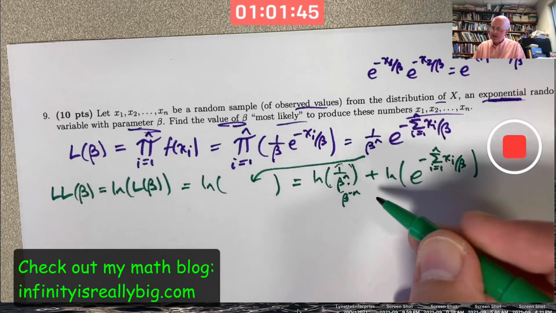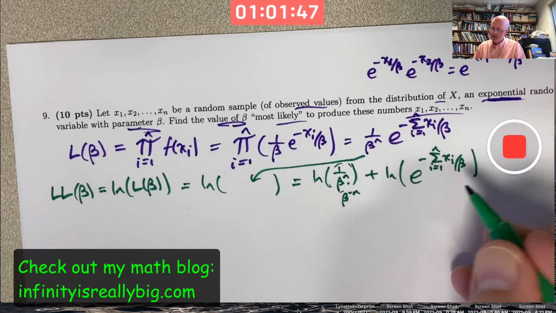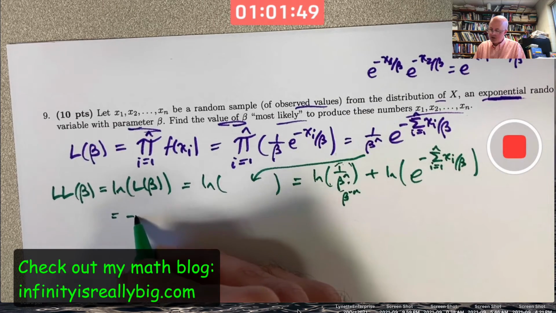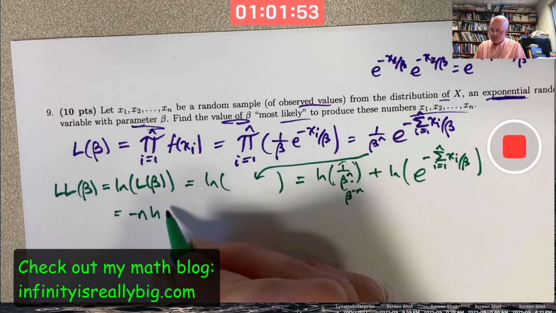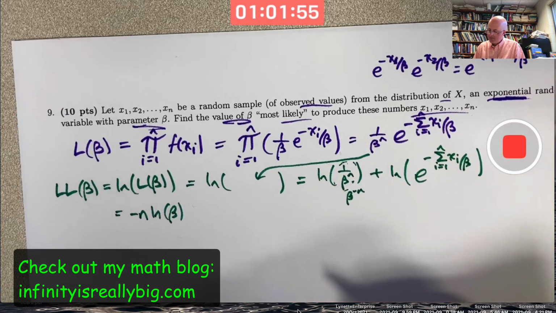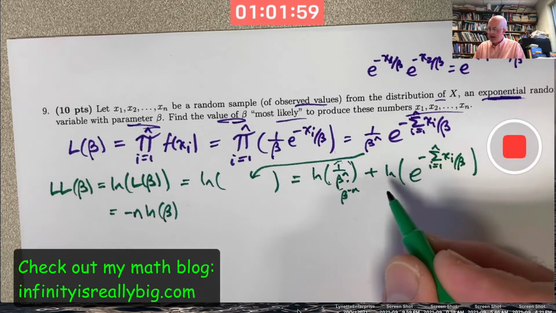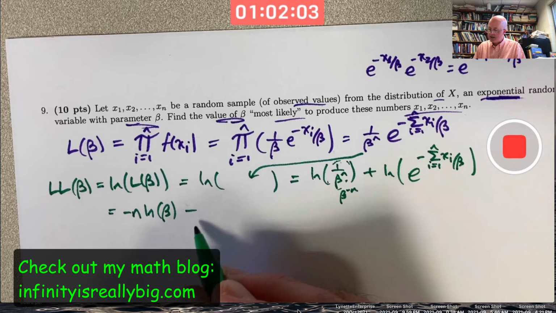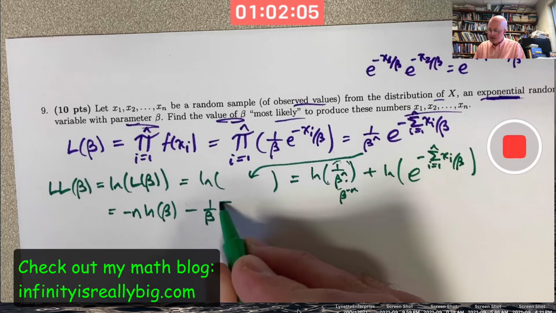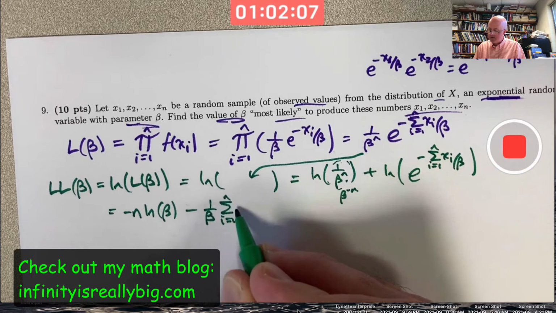And so you can bring the negative n out in front. You can write this as, by property of logarithms, negative n natural log of beta. Yeah, negative n natural log of beta. And then here the ln and the e are inverse functions, so they cancel each other out, and you're left with minus 1 over beta times the sum, i goes from 1 to n, of the xi's.